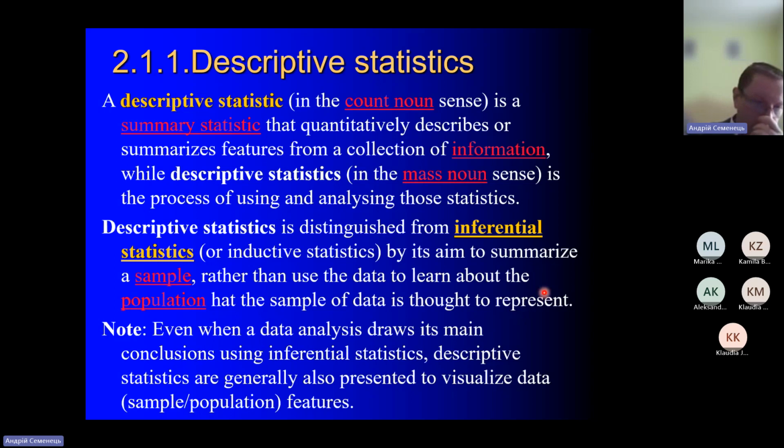And at this point, it's time to turn to descriptive statistics itself and to define it. What is descriptive statistics? It's summary statistics that quantitatively describe and summarize features from a collection of information. Descriptive statistics is also the process of using and analyzing those statistics.